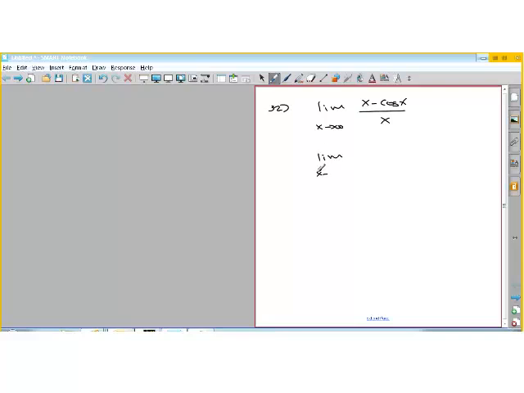And what we can do is we can break that up into two fractions, x divided by x, which is 1, minus the cosine of x divided by x. Well, the limit as x approaches infinity of 1 is 1. And even though this term does not approach 0, it's going to become small relative to x.